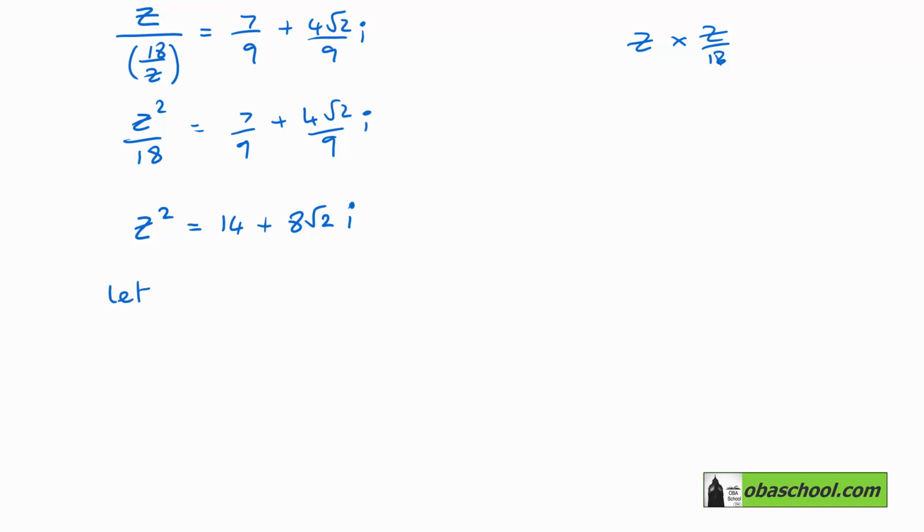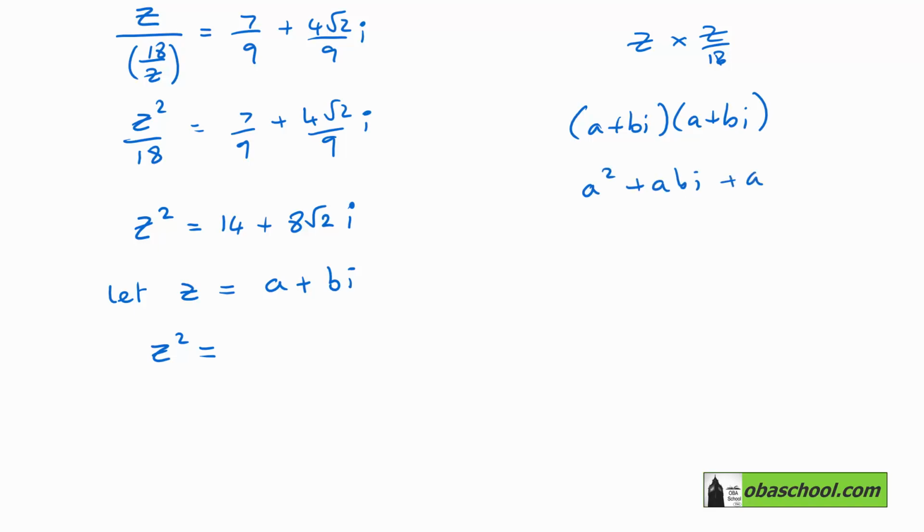And then I'm going to let z be equal to a plus bi. That means that z squared is, so we're multiplying a plus bi by a plus bi, that's going to give me a squared plus abi plus abi plus b squared i squared.